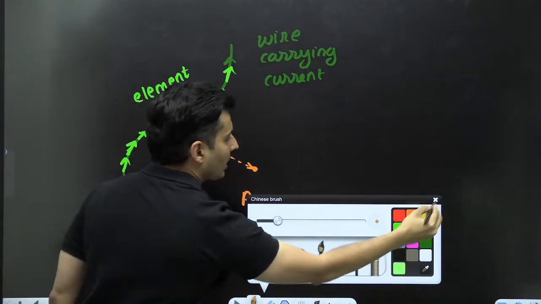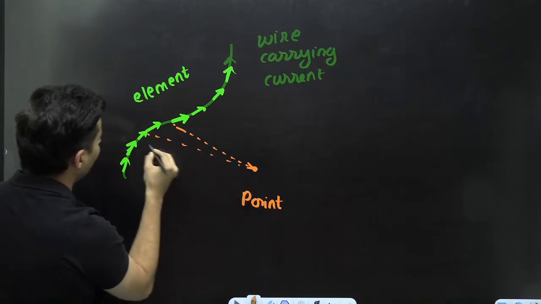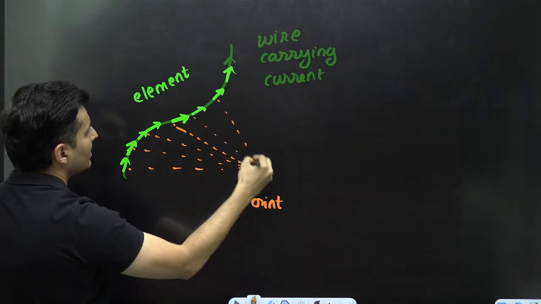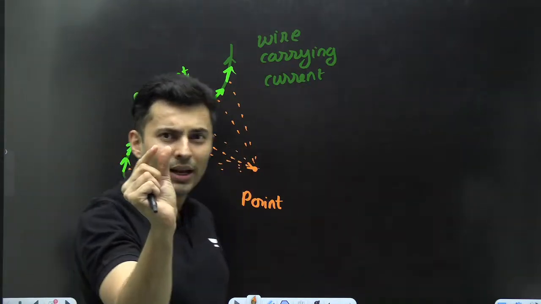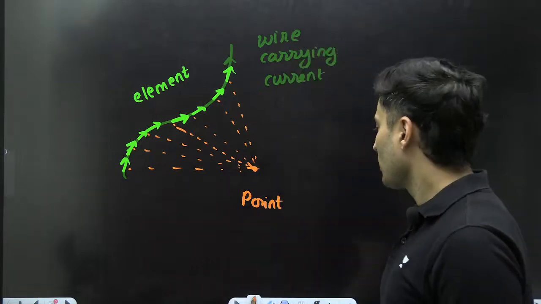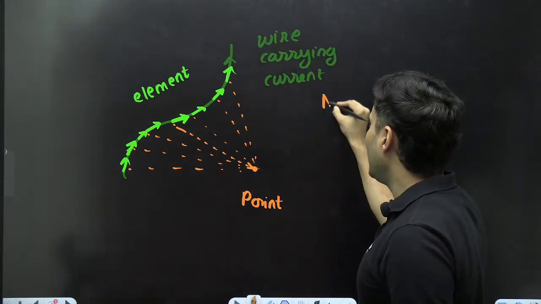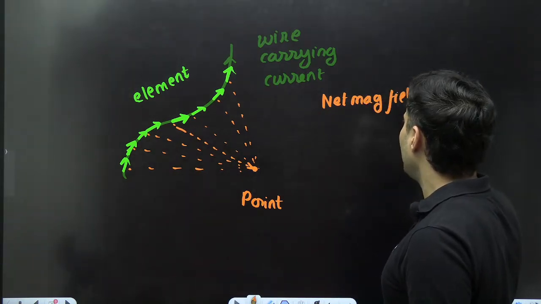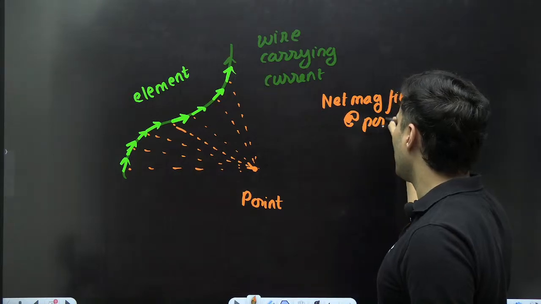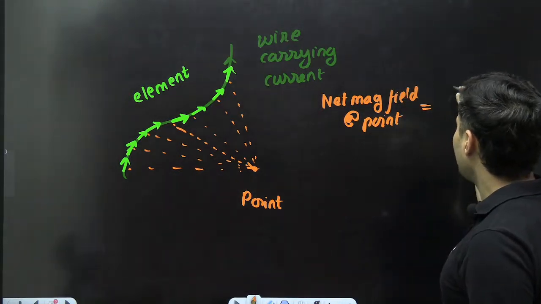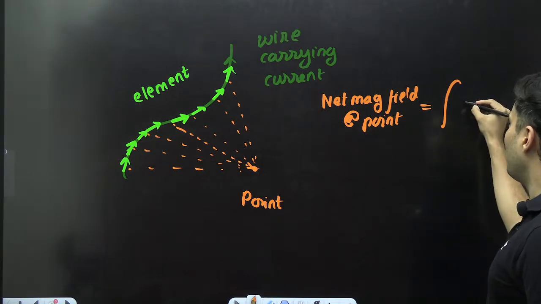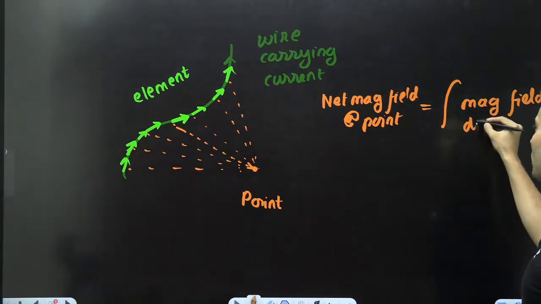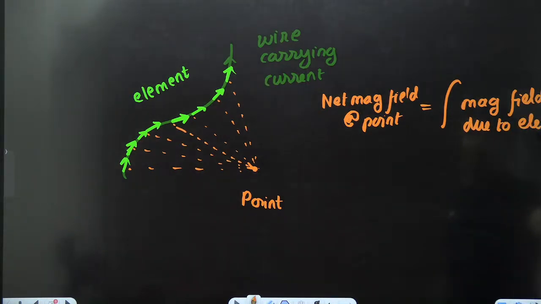Each element at that particular point will create a small magnetic field, because a small element will create a small magnetic field. So the net magnetic field at that particular point is nothing but the integration, or the sum, of the magnetic fields due to those elements.